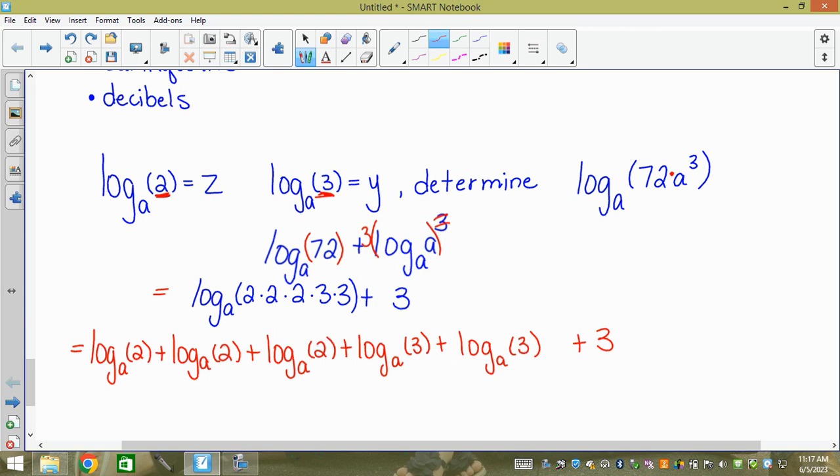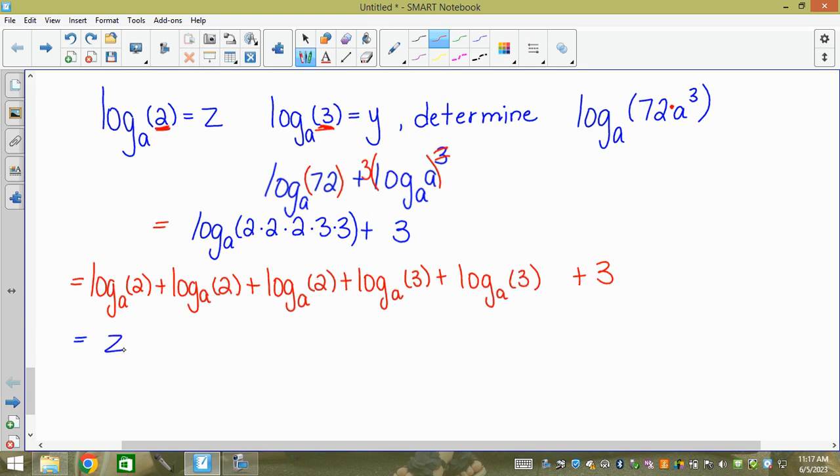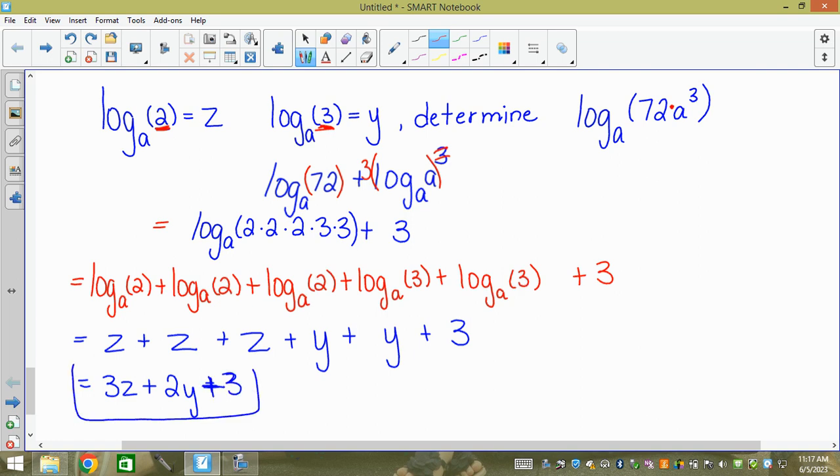And what can I replace log base A of 3's with? Z and Y. So I'm going to get Z plus Z plus Z plus Y plus Y plus 3, which I can rewrite as 3z plus 2y plus 3. And that would be my simplified version.